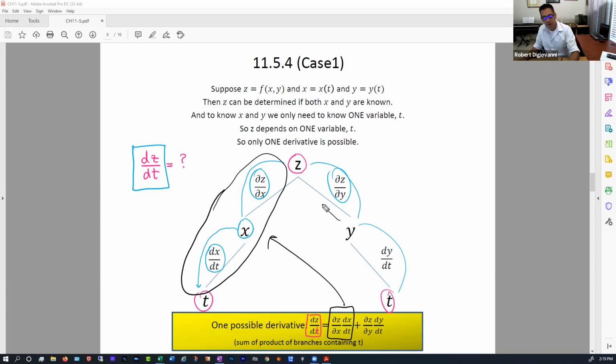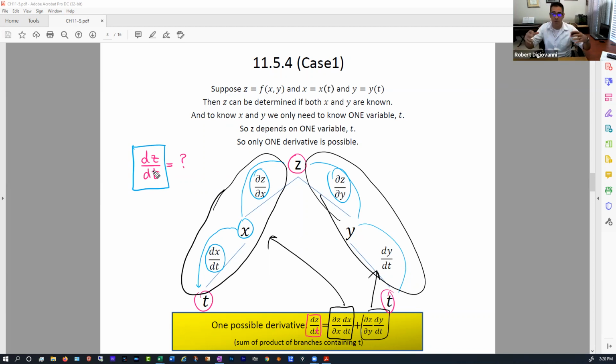Then you add to it the product down this branch, ∂z/∂y times dy/dt. If you take that branch here and that branch here, multiply down the branches, and add the branches together, that will give you this derivative. That's the way chain rule works when you start to have more variables that depend on other things. I think it's worth it for us to see an example.